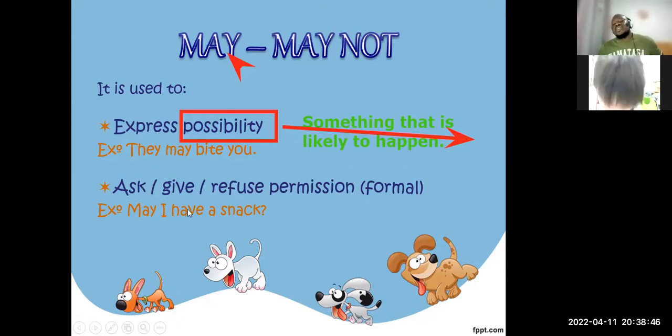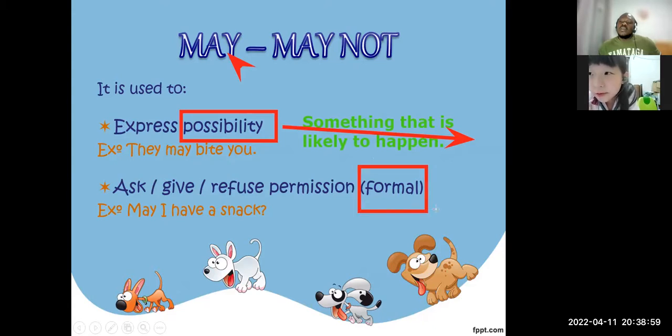We use this one especially when we are formal, when we are at school. Formal is places like school, work, or in a formal meeting.